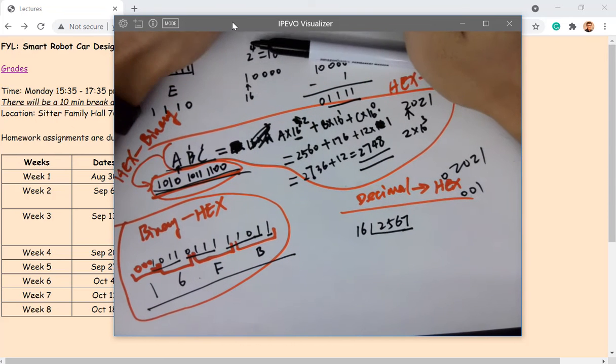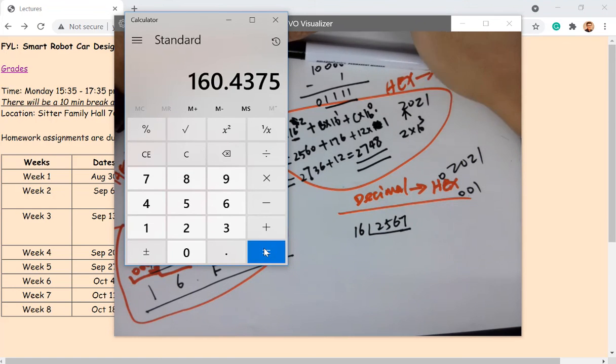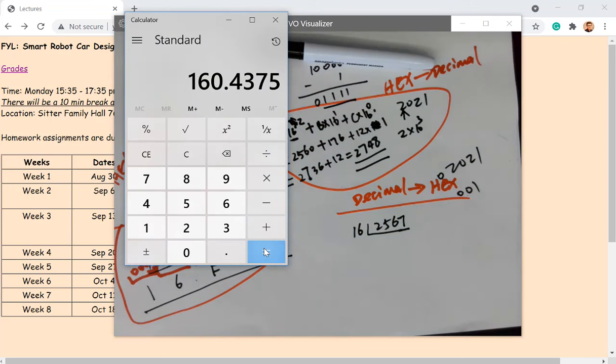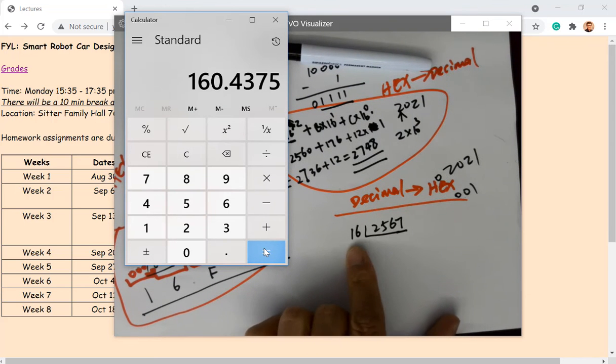What is that? 2567 divided by 16. So how to deal with that? Divide this number by 16, you are getting 160 of these guys.